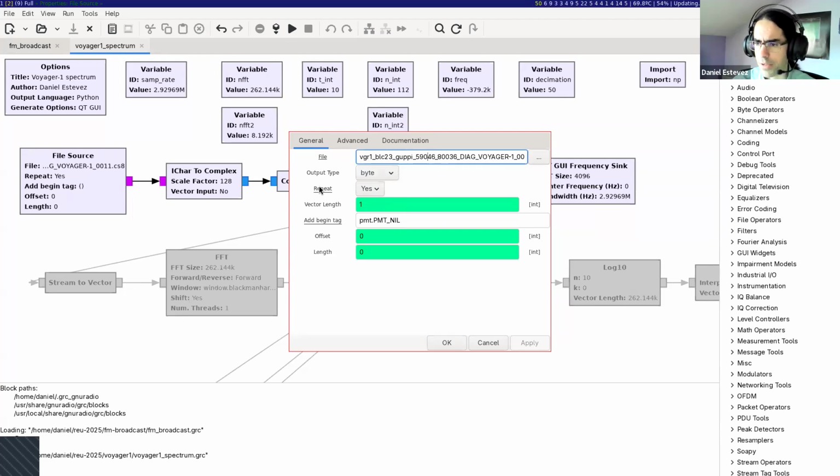If you are handed any random file, you need to know the format, otherwise nothing will work. So for this one, we know that the output type is byte, and I'm setting it to repeat. It will loop forever. It is a 5-minute recording, if I remember correctly.